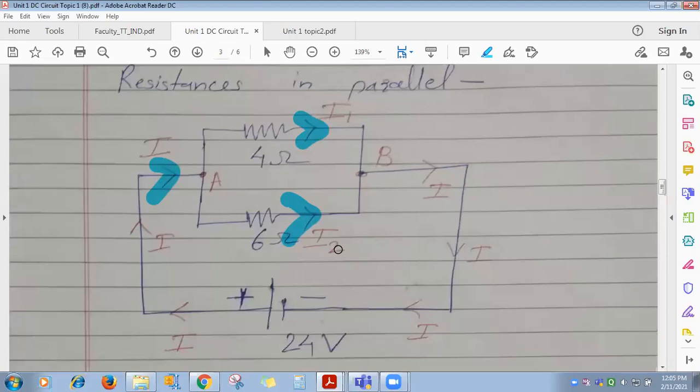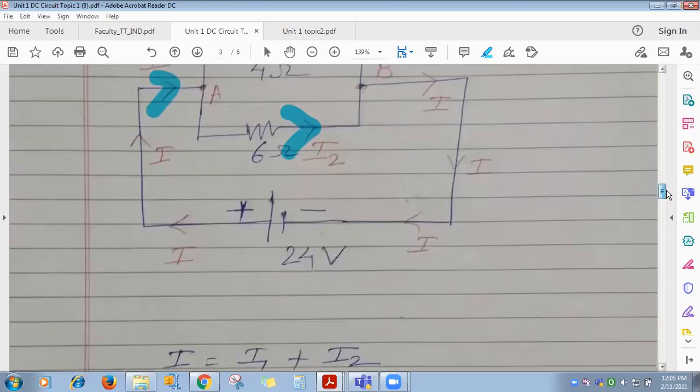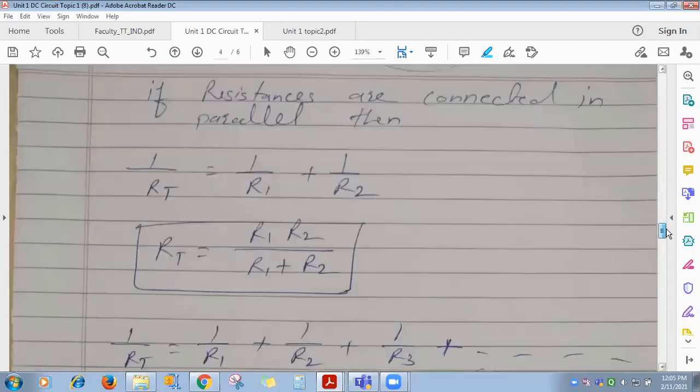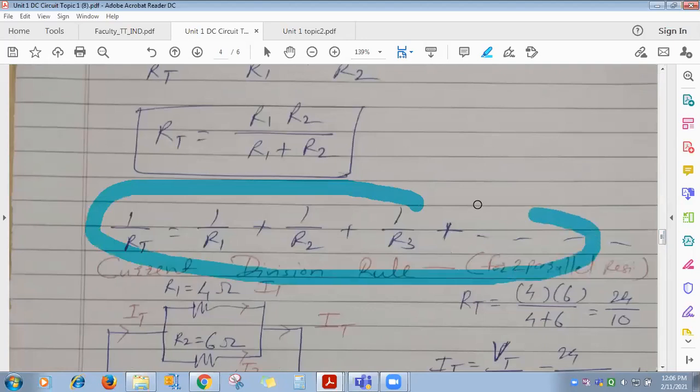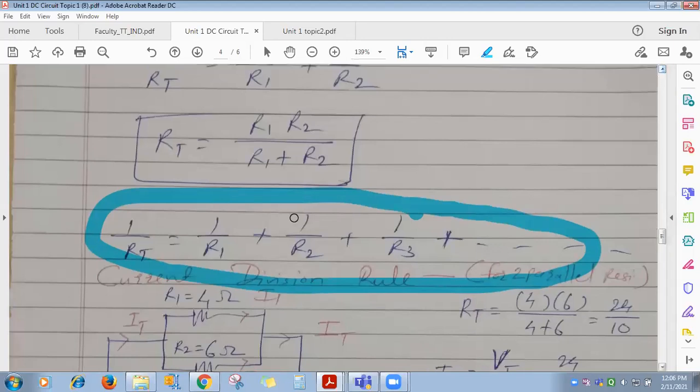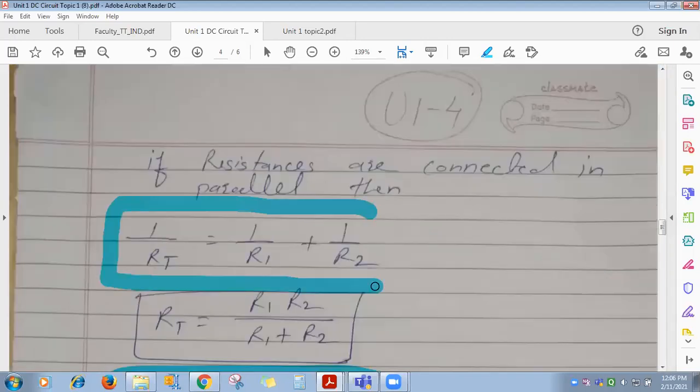Now here, how to find R equivalent? When a number of resistances are connected in parallel, which formula do you have to use? 1 by R total is equal to 1 by R1 plus 1 by R2 plus 1 by R3 plus 1 by R4 and so on. If only 2 are there, you can use 1 by RT is equal to 1 by R1 plus 1 by R2.